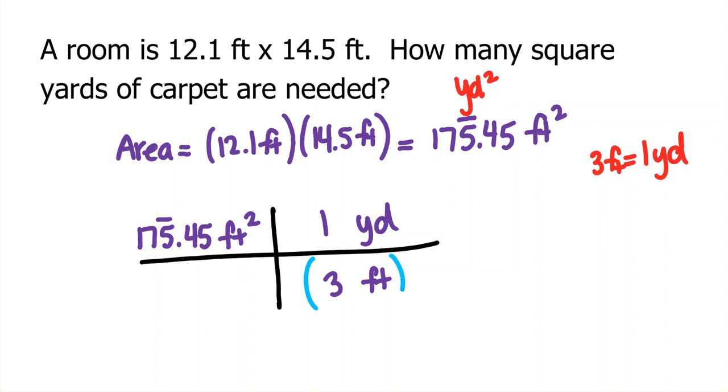I'm going to square this and square that to make it so that I have the feet squared. Well, that ends up squaring the 3 as well. Okay, and I'm just writing that so you can see where I'm getting it. So I'm going to be dividing this number by 9, not 3.